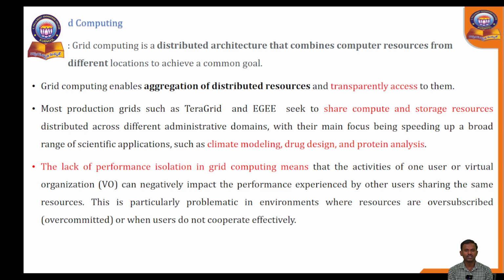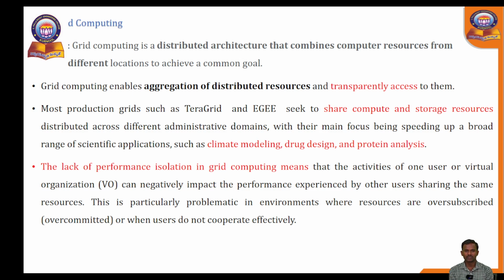The next technology is grid computing. First we'll see the definition of grid computing. Grid computing is a distributed architecture that combines computer resources from different locations to achieve a common goal, that is, to fulfill a particular task. Grid computing enables aggregation of distributed resources from different places and transparent access to them.